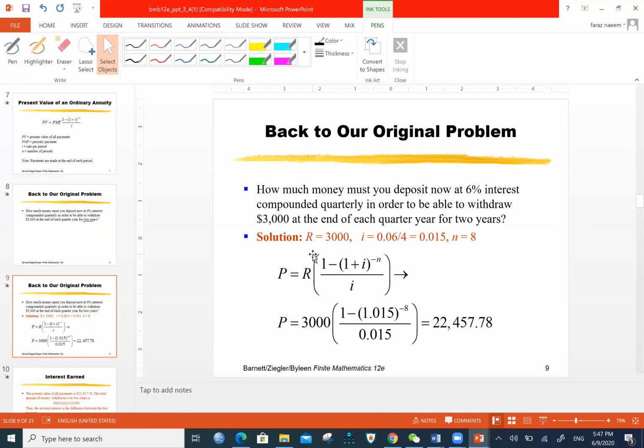So your present value would be 22,456. Now, in that case, how will you calculate interest? Who can tell me? Is it the same R over M?